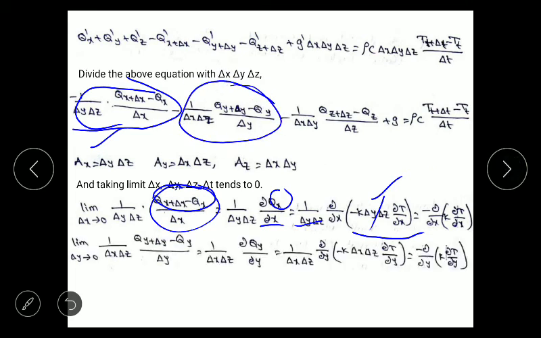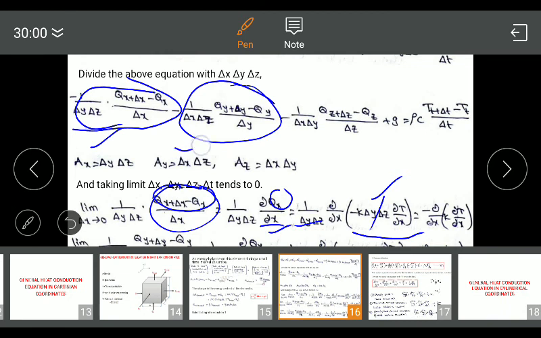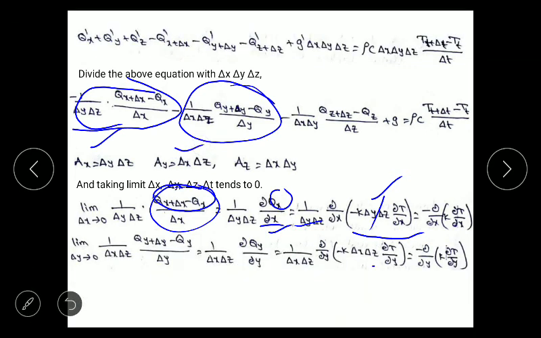First, delta y tends to 0, then the difference between the heat input and output is very small, as dou qy by dou y, and substitute qy as minus k into Ay into dou T by dou y. Ay is delta x into delta z.